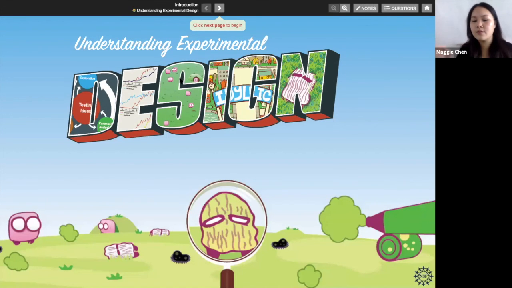So if we click into Understanding Experimental Design, it's going to take us to this first exercise that we're going to go through. So first of all, the layout for lab today: I am going to break you all into breakout rooms in around 3 groups or 3 people in the group. And then I'm going to give you maybe 20-25 minutes to go through exercise 1.